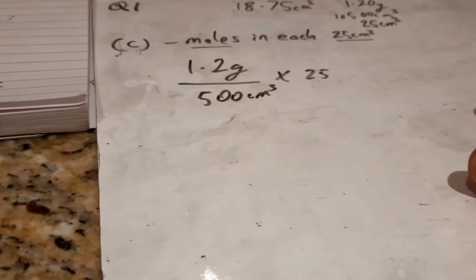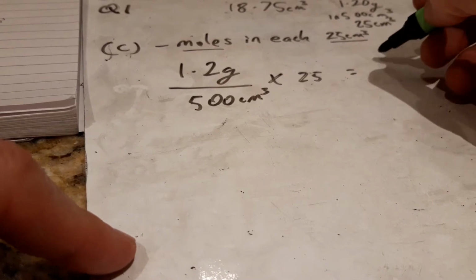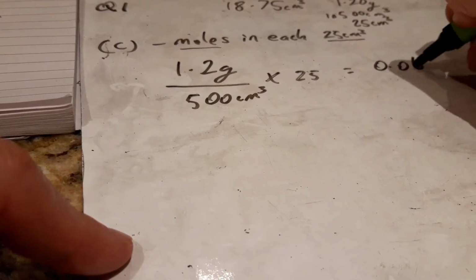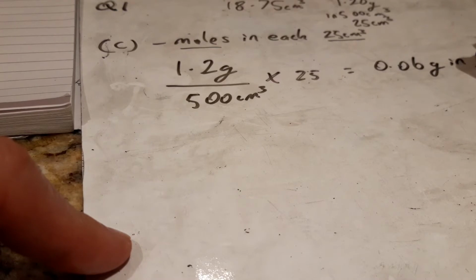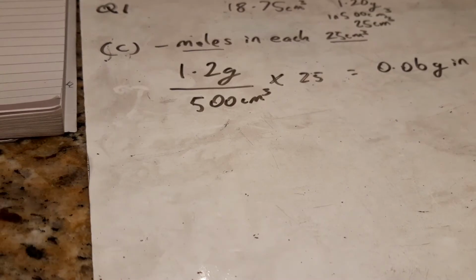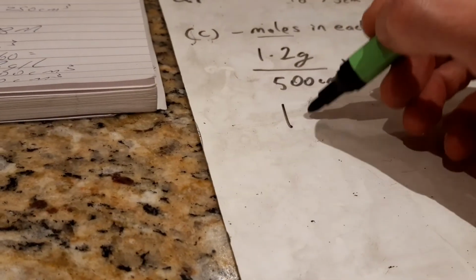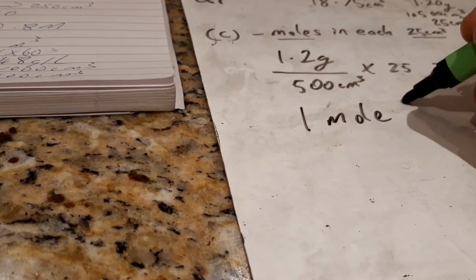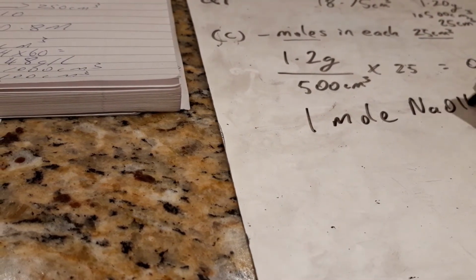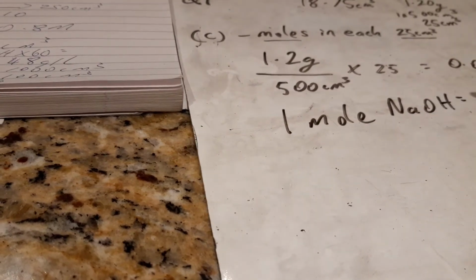That gives us 0.06 grams in 25 centimetres cubed. So that's the mass of sodium hydroxide that we have in 25 centimetres cubed. We now want to convert that to moles. So we go to our periodic table to find out what 1 mole of sodium hydroxide is, although you probably know this by now. 23 plus 16 plus 1 is 40 grams.